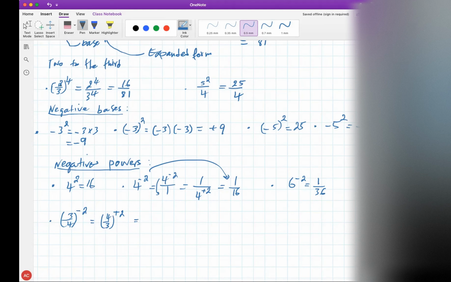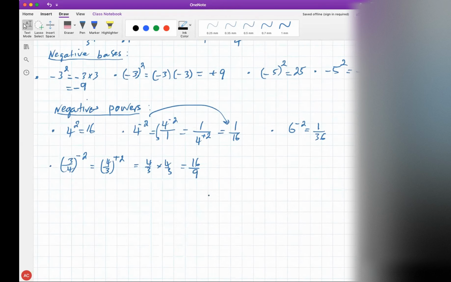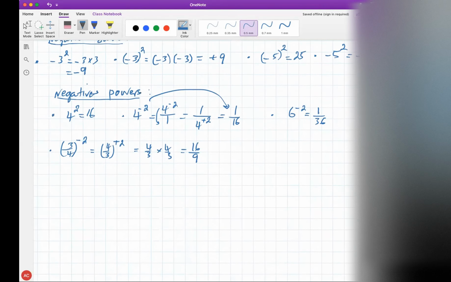So 4 over 3 to the second means 4 over 3 times 4 over 3, which is 16 over 9. That's right. Whenever we have a negative power, we make it positive, and when it's positive, we evaluate just like we did here.